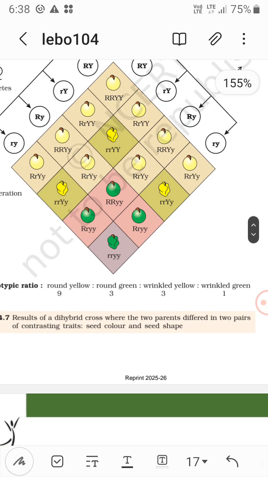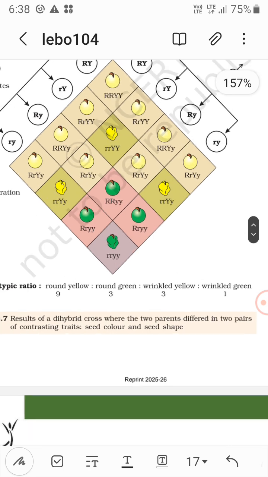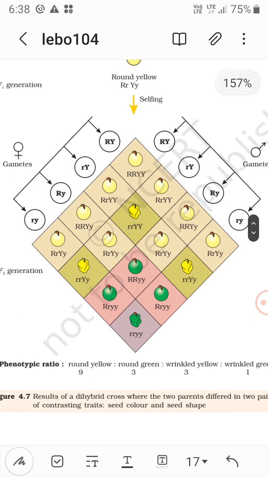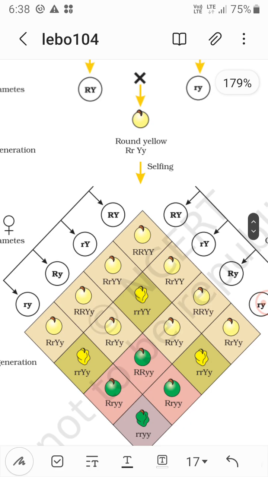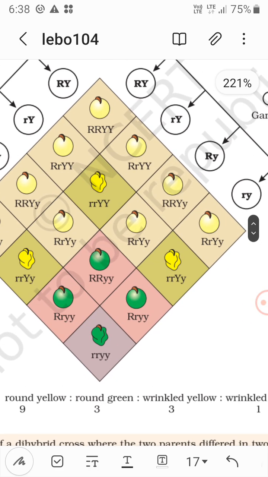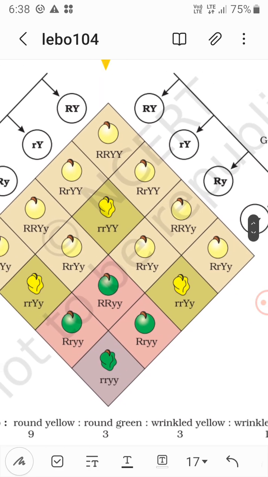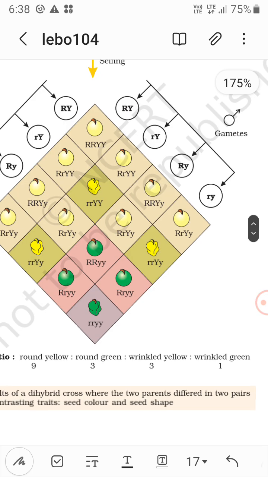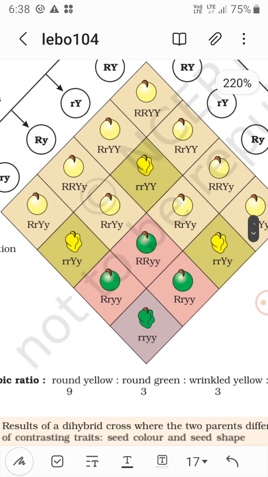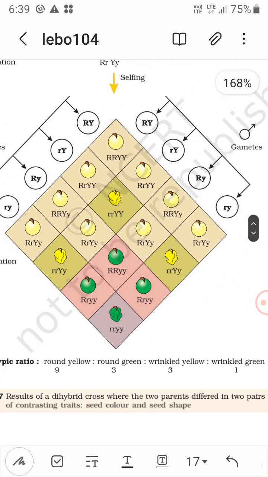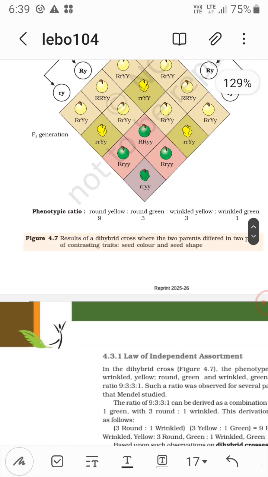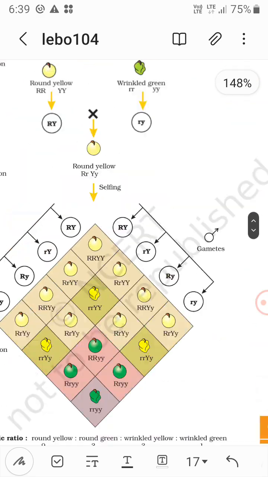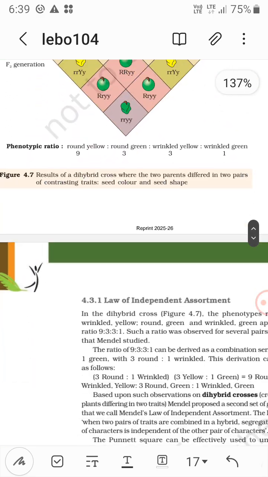Just remember like that: round yellow, round green, wrinkle yellow, wrinkle green, 9:3:3:1. So you have to remember this table by the tricks that you make. Okay, now I will make a separate video on this table.